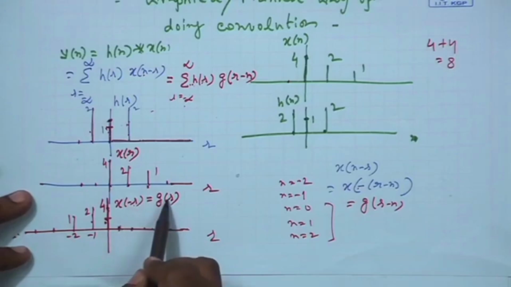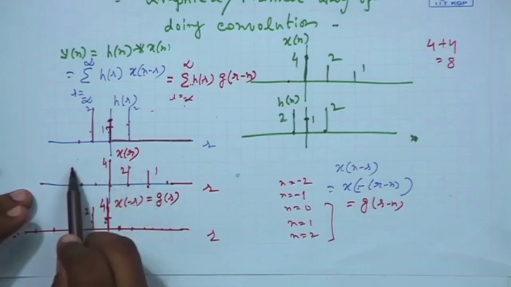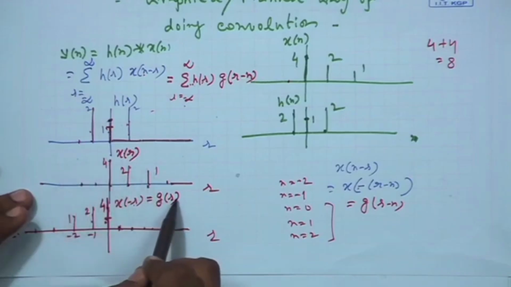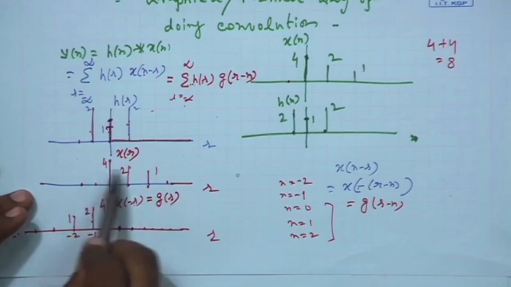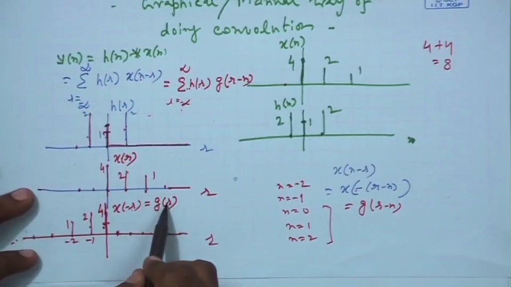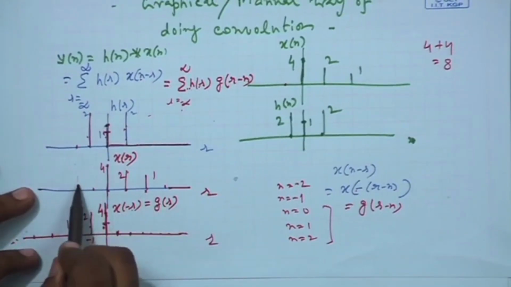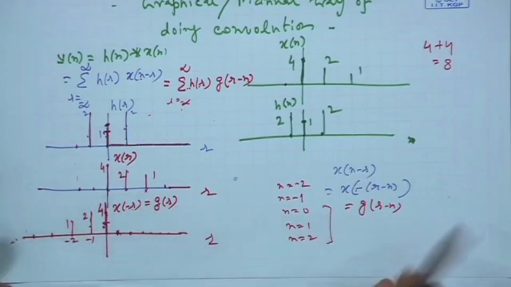So, g minus 1 means x plus 1, g minus 2 means x plus 2. From the right hand side they go here. g plus 1 means x minus 1, so x minus 1 from here would have gone to the right hand side. g plus 2 means x minus 2. From here it would have gone to 2. Their values are 0, so that is why zeros are going.